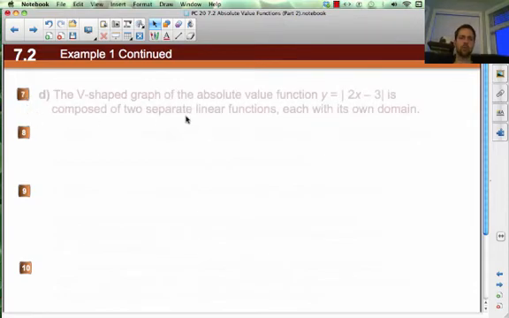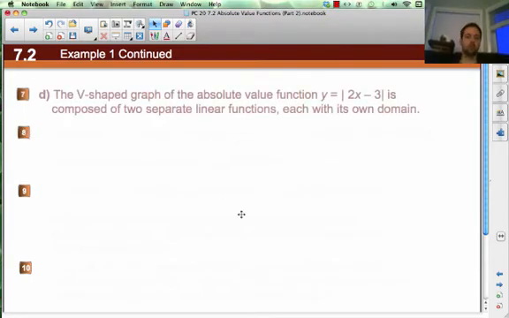So essentially the v-shape of this graph is composed of 2 separate linear functions. One would be the line that comes down like this, and the other would be the line that goes up like that. So it can be thought of as a piecewise function.